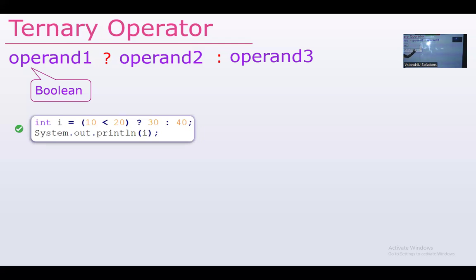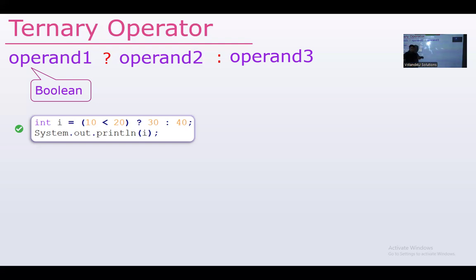Before the question mark, the entire portion is our operand 1. Agree? 10 less than 20, true or false? Ultimately, at this position it is Boolean true. If true is there, we should execute operand 2, so the outcome of this entire expression is 30.